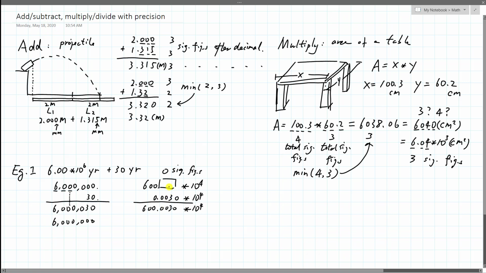So now we know that we should keep 0 sig figs, so we should get 600. Then there's still 10 to the fourth power. So we still end up with 6 million, or 6.00 million. Alright, thanks.